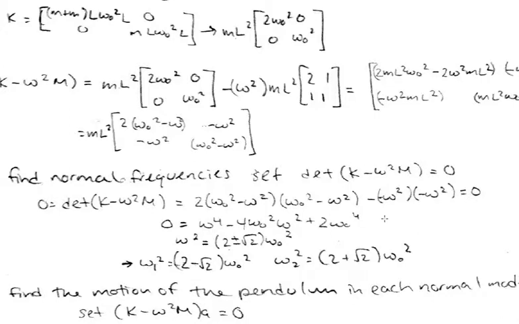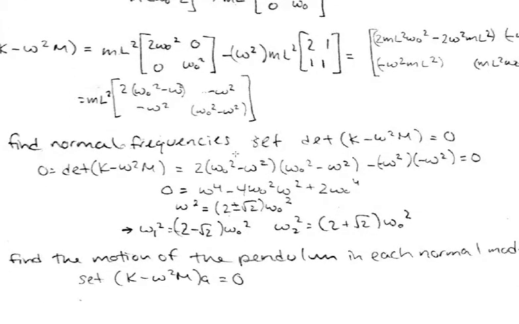Now to find normal frequencies, you set the determinant of what we just solved equal to 0. So the determinant is just a subtraction of the crosses, and you get two natural frequencies, or two normal frequencies.